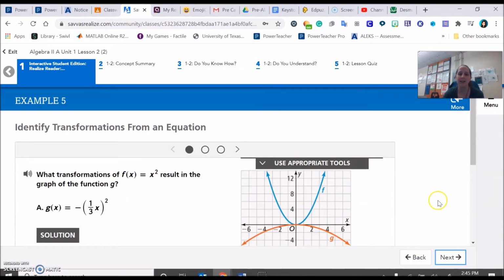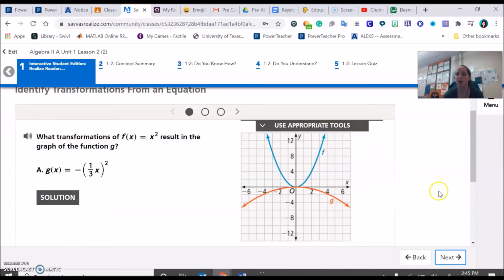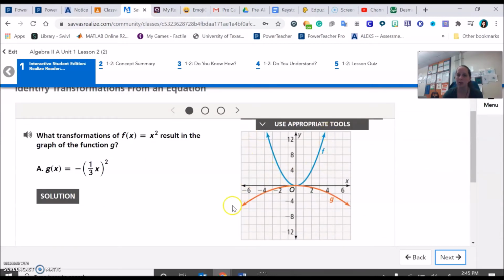Example 5 says identify transformations from an equation. So what transformations of f of x equals x squared results in the graph of the function g? So I have the blue, and I'm looking at the red. So g of x equals negative 1/3 x squared.